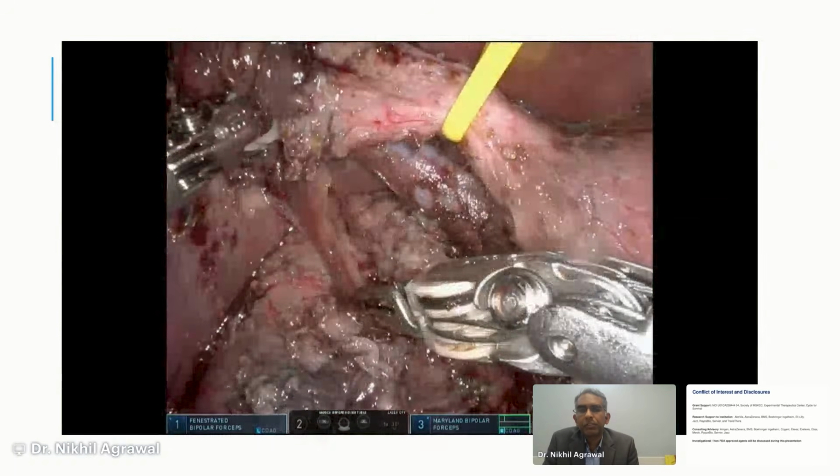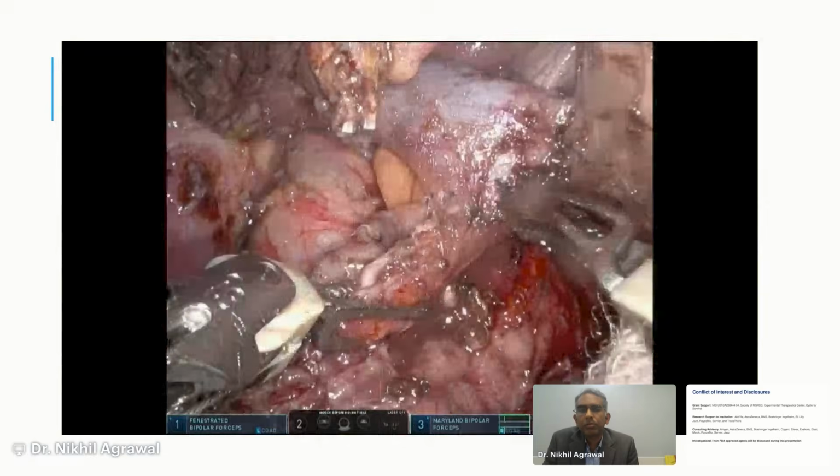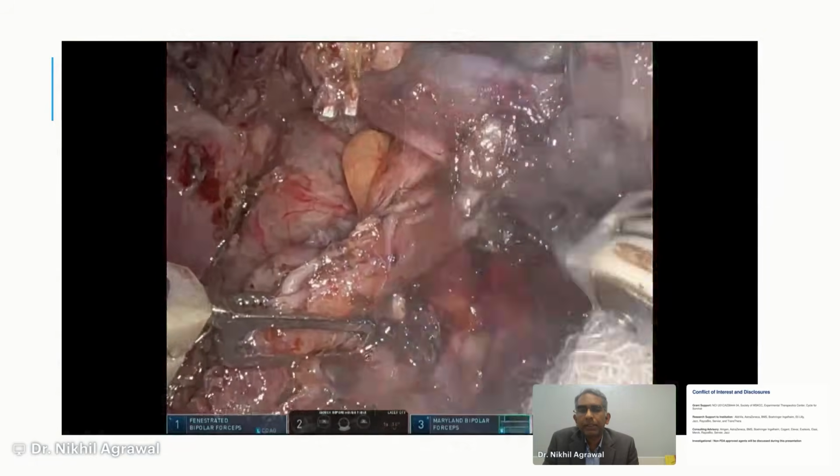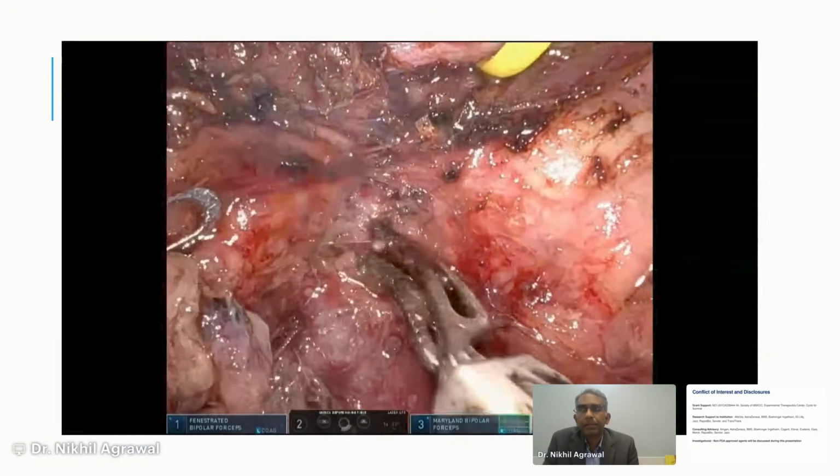Now see the lymph node we dropped from anterior to hepatic artery now can be accessed from the right side posteriorly.